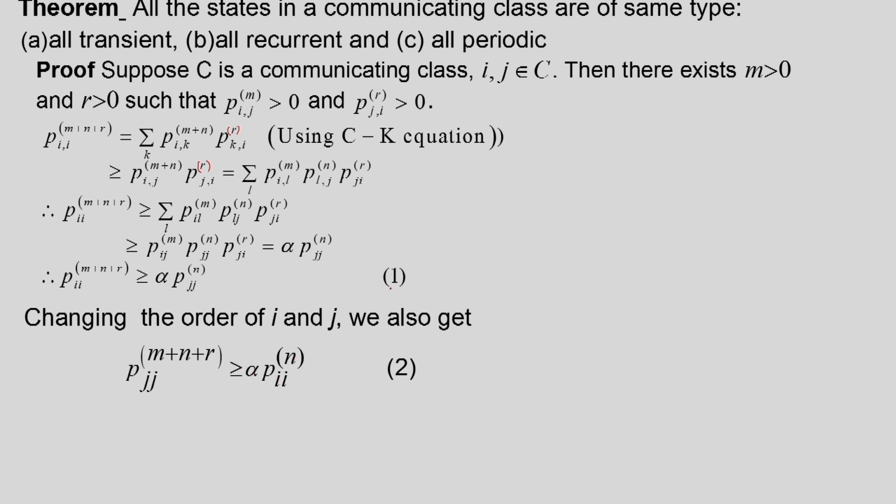Let us number this as equation 1 and this as equation 2. So by assuming that there is a communication between i and j, we arrived at two equations: P_ii^(m+n+r) is greater than or equal to alpha times P_jj^n, and P_jj^(m+n+r) is greater than or equal to alpha times P_ii^n.